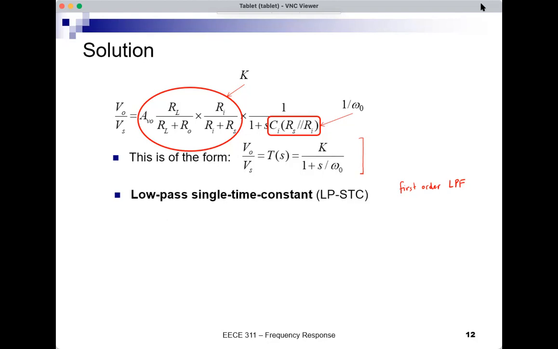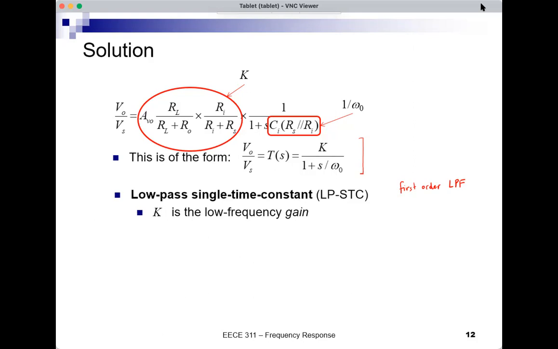It will have some gain, and the gain here is, I'm calling it K at low frequencies, but then it will start to filter. So the low pass and the high don't pass. So the higher frequencies will not get as much gain, will not get as amplified as the low frequencies. So this K is really the low frequency gain of the amplifier. What do we call omega 0?